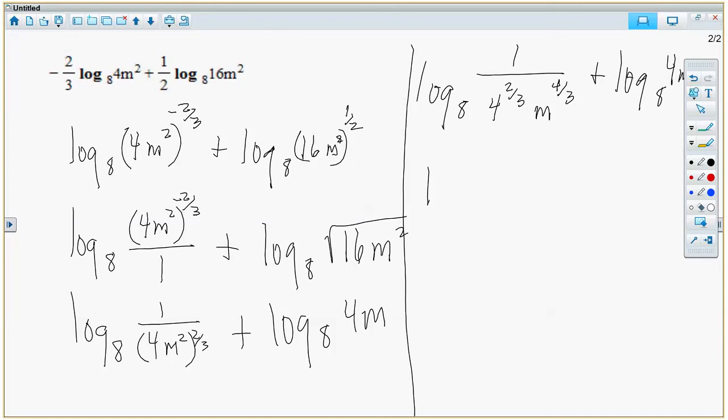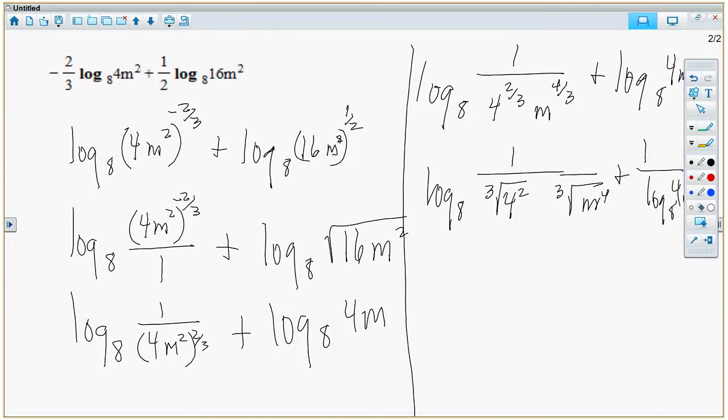And that's going to be log base 8 of 1 over the cube root of 4 squared times the cube root of m to the 4th, plus log base 8 of 4m, blah, blah, blah.